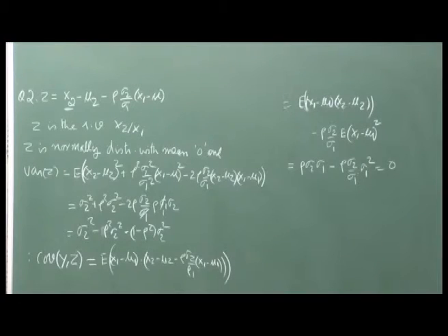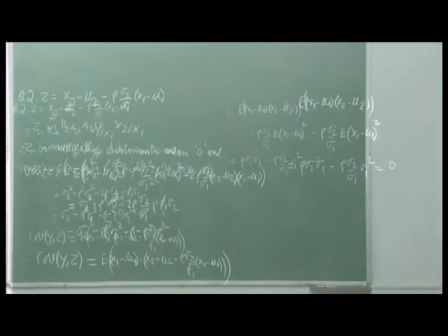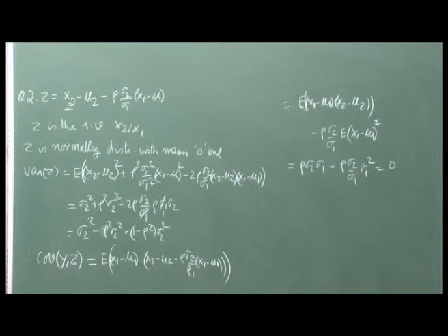The expectation of X1 minus mu1 into X2 minus mu2 is the covariance, which can be written as rho into sigma2 sigma1. Then minus rho sigma2 upon sigma1 into the expectation of X1 minus mu1 whole square, which is sigma1 square. So, when you substitute that value, it turns out to be 0.